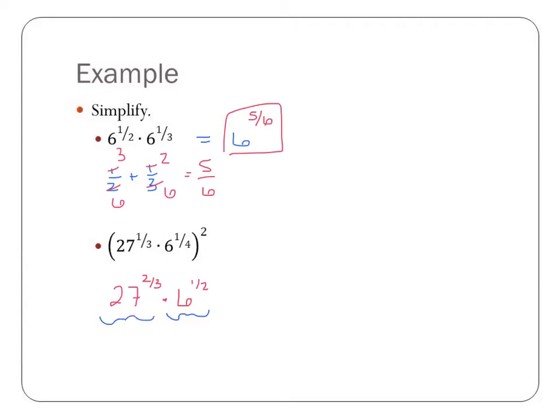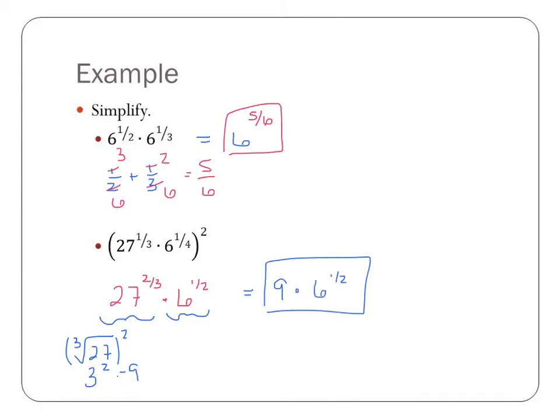But this first part, remember, this would be the cube root of 27, and I'm going to put the squared outside. Cube root of 27, I'm going to use my calculator real quick just to make sure it is 3. So this is 3 squared, which is 9. So we're looking at 9 times 6 to the 1/2 power. Cannot do 9 times 6 because of your order of operations. So you just leave it 9 times 6 to the 1/2 power.